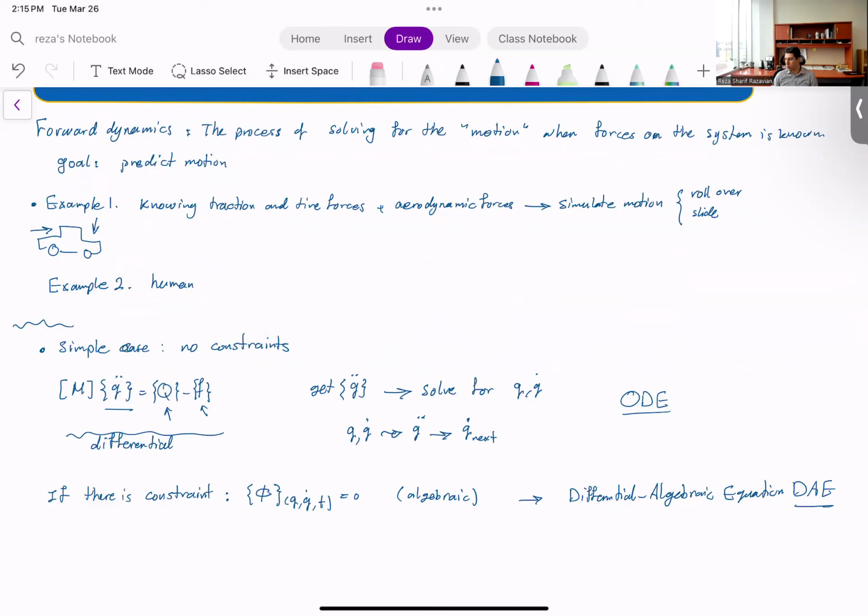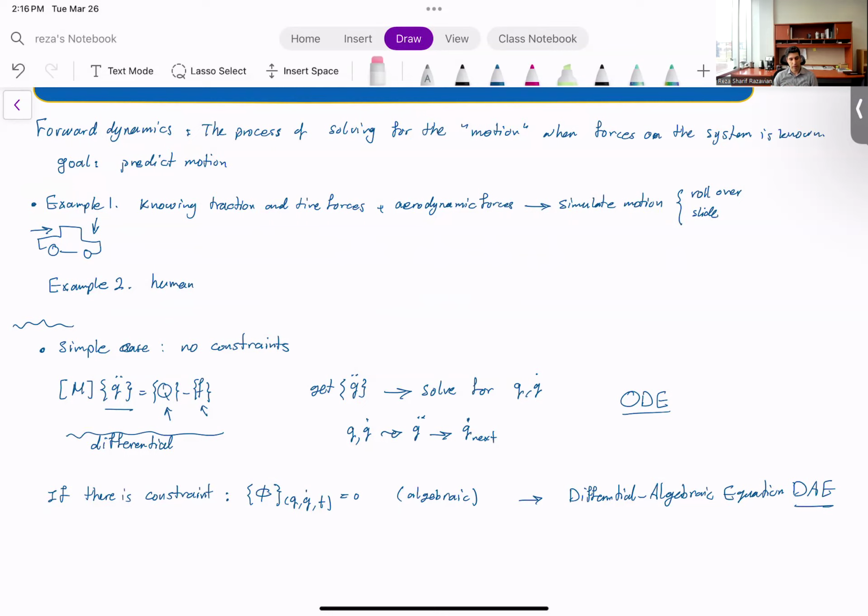What we will do next is get into a bit of how we can automate generation of these system equations, this M Q double dot equals blah, blah, blah, and how we can more systematically tackle the inverse and forward dynamics.